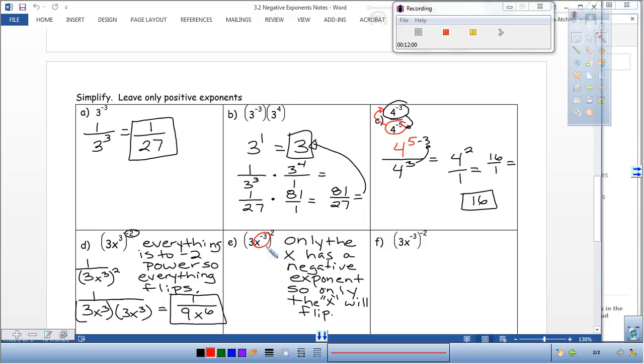The x is going to move, 3 on top divided by the x cubed. Once it flips, it becomes a positive cubed. And then the whole thing is still squared. So now we can multiply it, write it out twice, and square it.